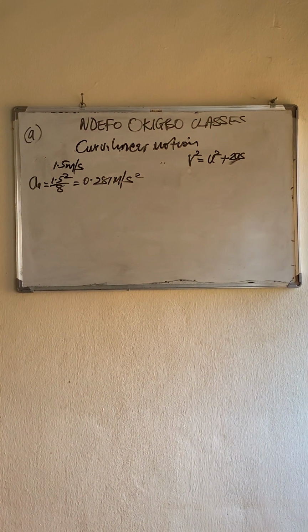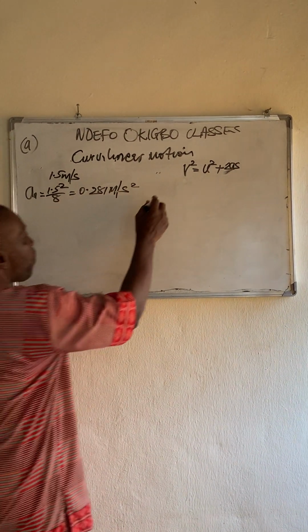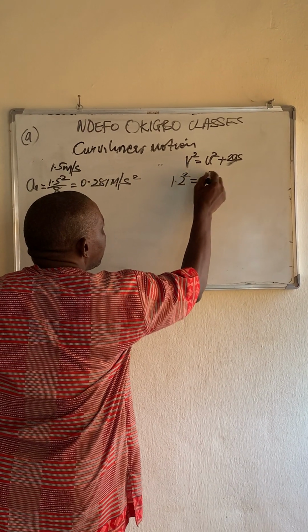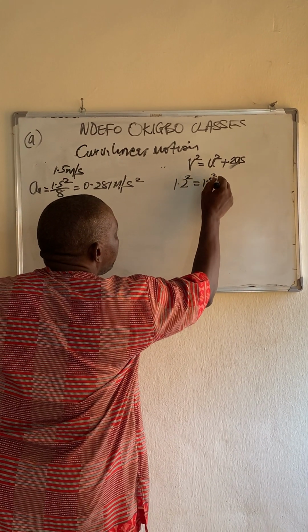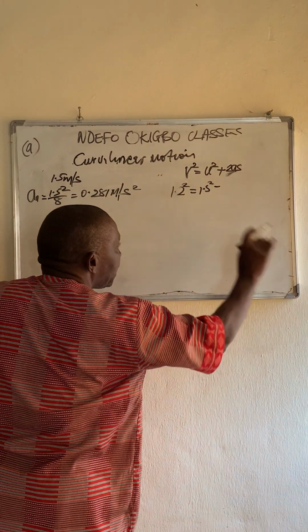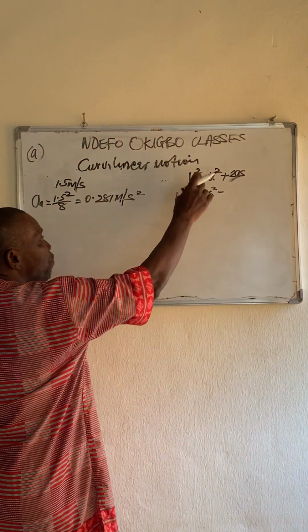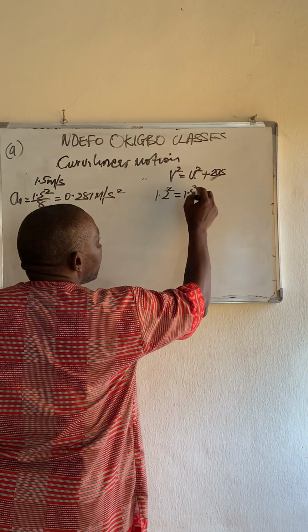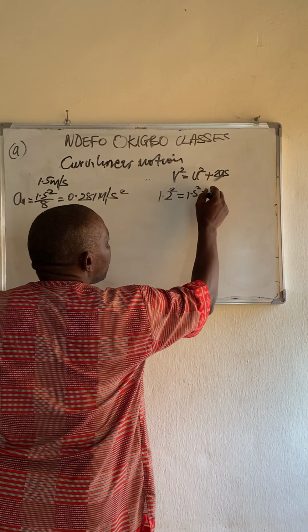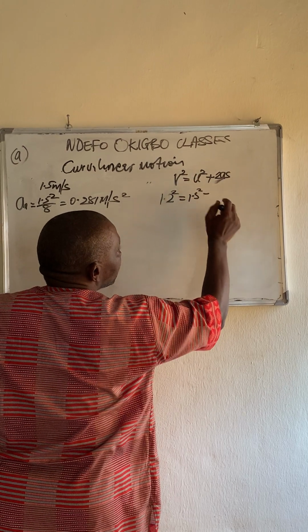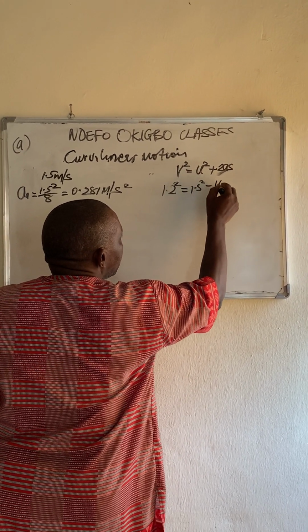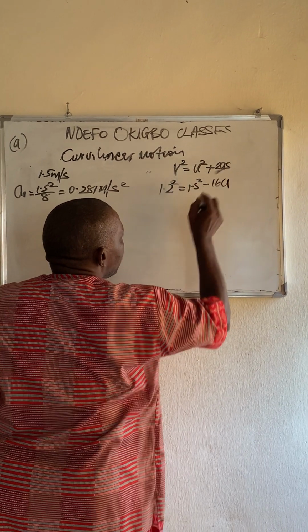If we put everything in, we have 1.2 squared is equal to 1.5 squared, then minus, because it was decelerated from 1.5 to 1.2, meaning the velocity reduced, minus 2 times the acceleration we're looking for times the distance, that is 2 times 8, which is 16a.